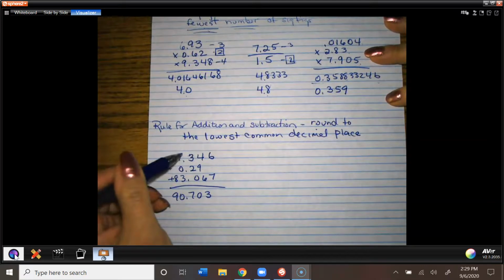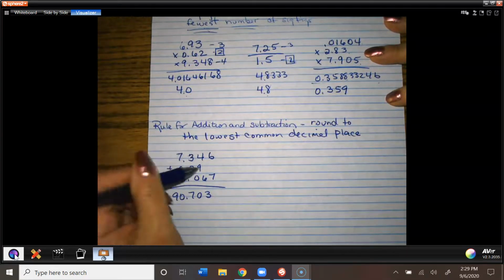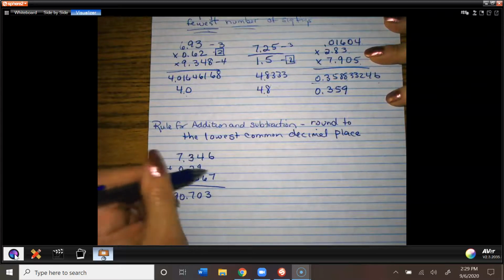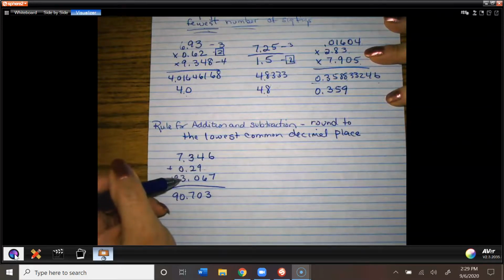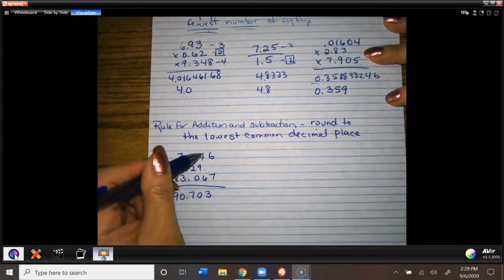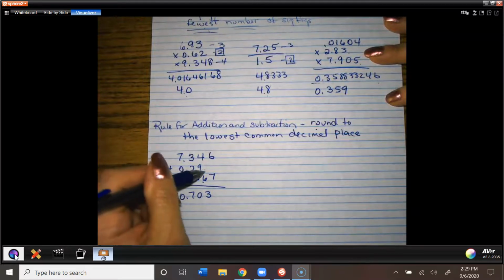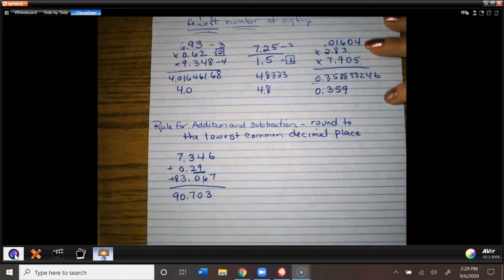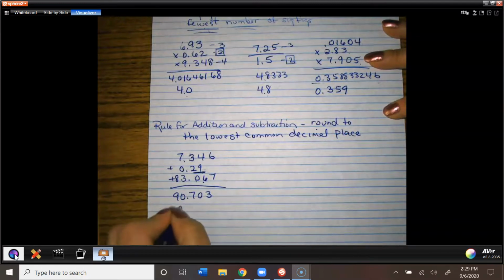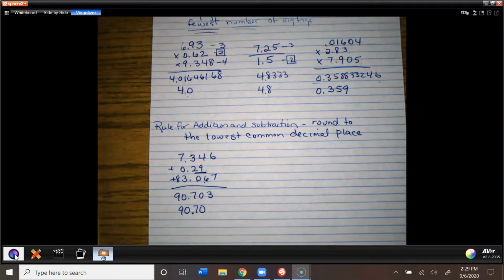Now all the numbers have a ones place. They all have a value in the tenths place. They all have a value in the hundredths place, except this number, which stops at the hundredths place. So my answer has to stop at the hundredths place. 90.70 is what my answer can be.